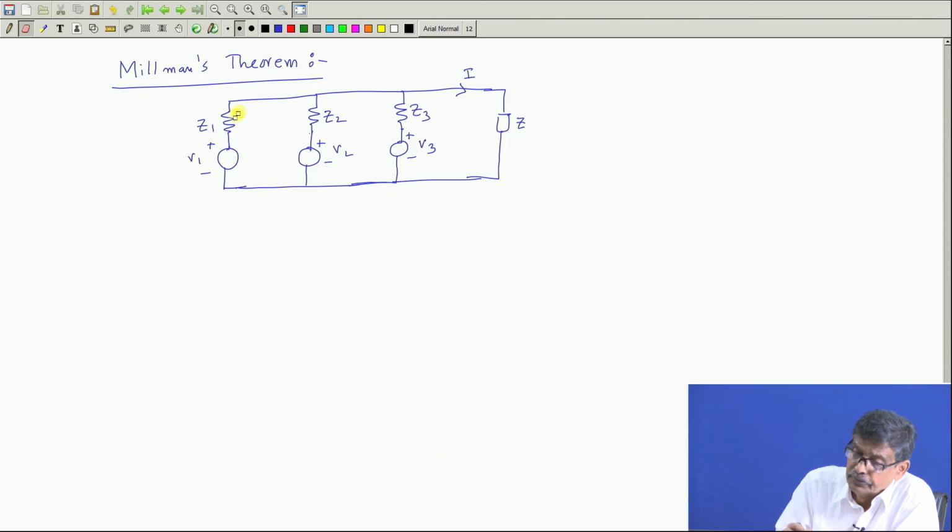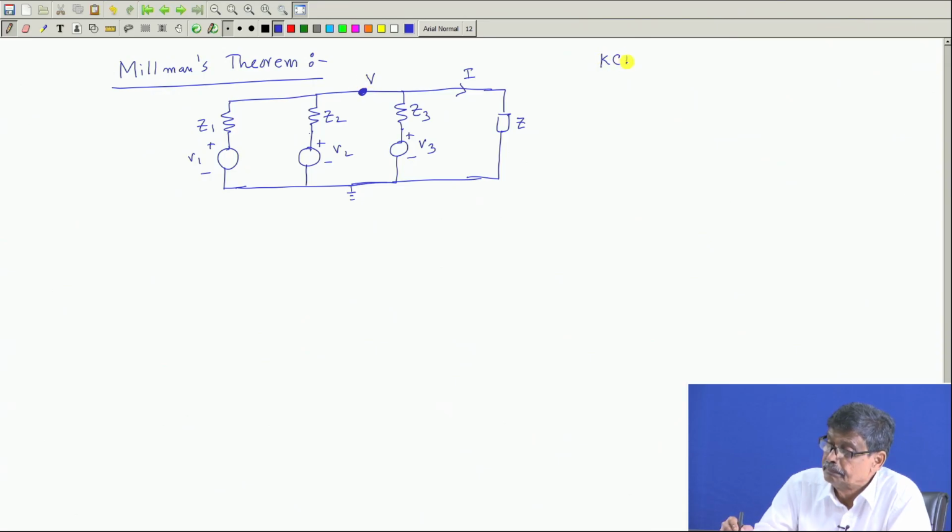Now, what is the best method of solving this? There are only two nodes. Consider this to be the reference node and consider this potential to be V. If you know this potential V, then you can find any branch current you like, that is the idea. So, write KCL at this point.